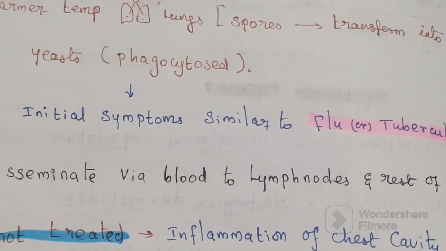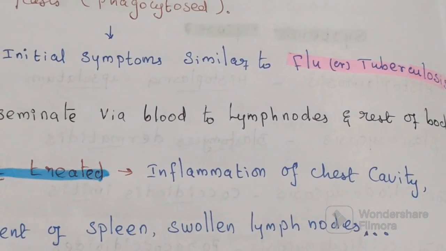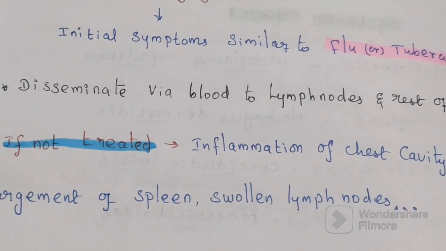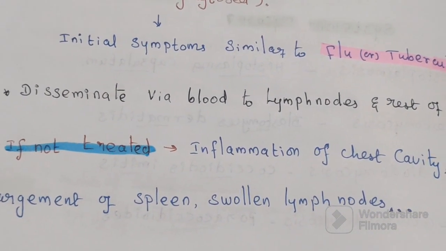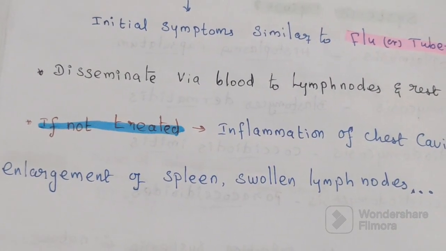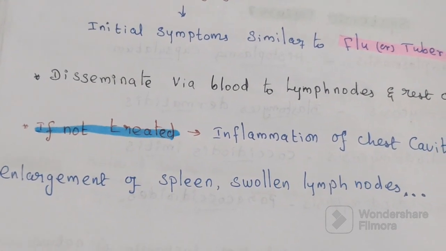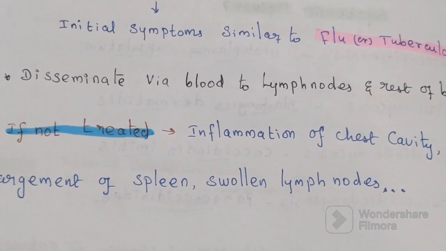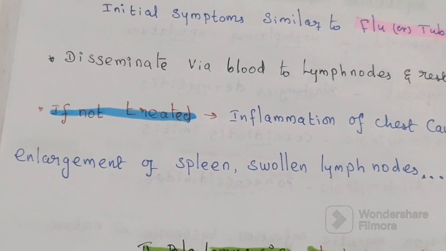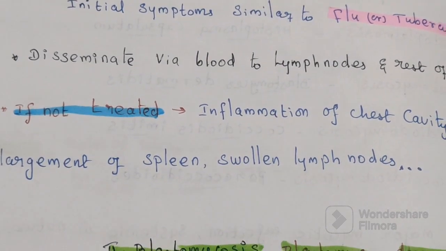So first it will reach the lungs, then through blood it will reach all over the body. If we do not take proper treatment, it will cause inflammation of the chest cavity, enlargement of the spleen, swollen lymph nodes, etc., and can be fatal if not treated.